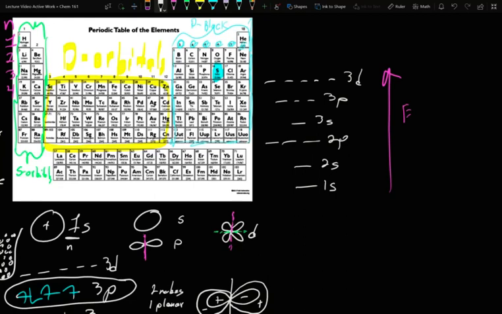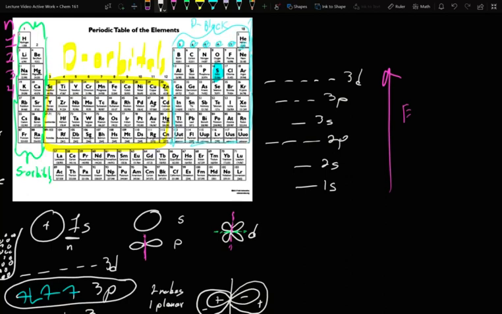The fact that having more nodes means we can have greater shapes and greater complexity does follow that as our n goes up, we get more and more orbitals at higher and higher energy. The d orbitals have 2 planar nodes, so they're higher in energy than the p's that have 1 planar, which are higher in energy than the s, which have no planar.